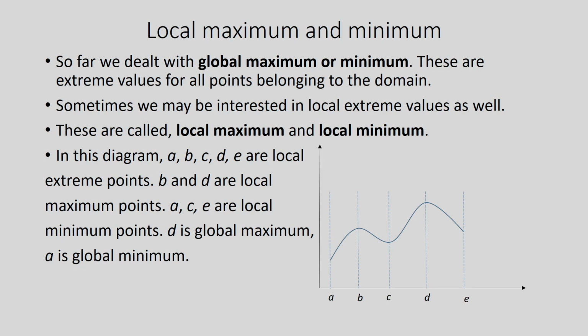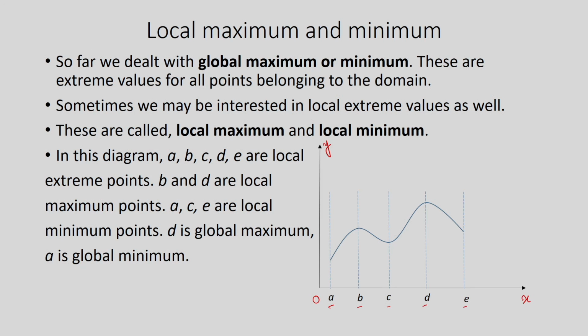So here is an example, a diagrammatic example. So just look at the graph. In this diagram, there are 5 local extreme points. A, B, C, D, E are the local extreme points.